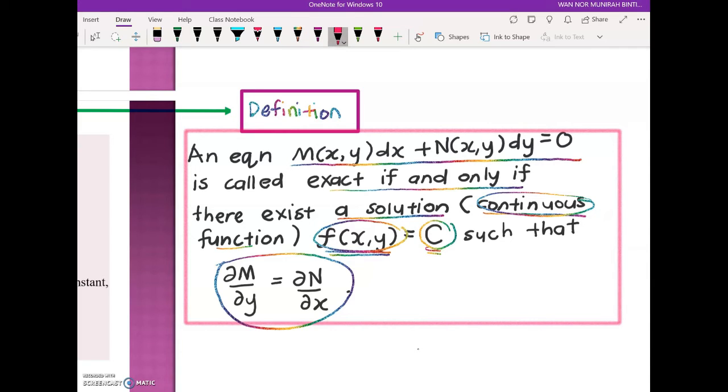Don't be confused. Here you have M dx plus N dy equals 0, so that here you have del M del y and del N del x. The difference is here. Since you have more than one independent variable, your differentiation will involve partial derivatives. The partial derivative notation is like this, not like this.